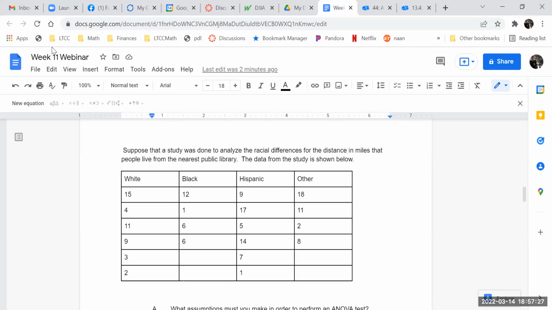So if you do want to figure out which two are different, what do you have to do? The hint is we're in the last day of our class. Yep, take an upper division statistics class, and you're going to learn about Tukey analysis. There are other tests to go beyond this.